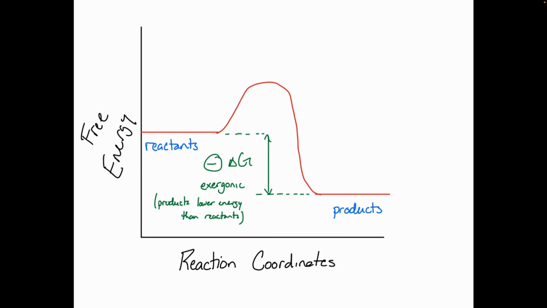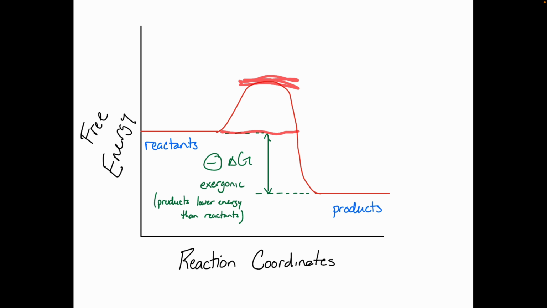So that's the information we get by just looking at our two endpoints here. Or we could look in the middle here. From where we're starting with our reactants to the top of this hump here, this is what we call our activation energy.